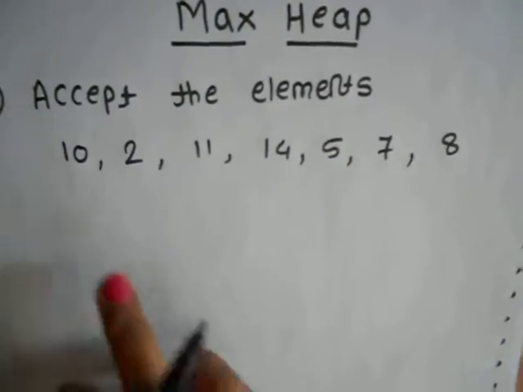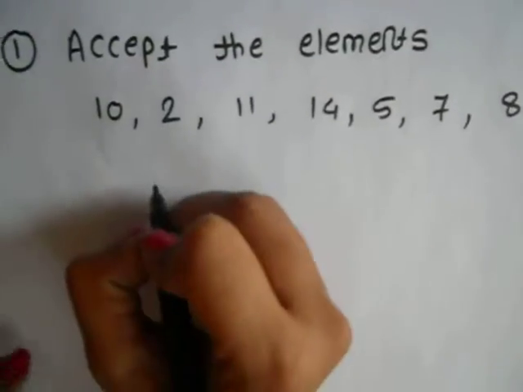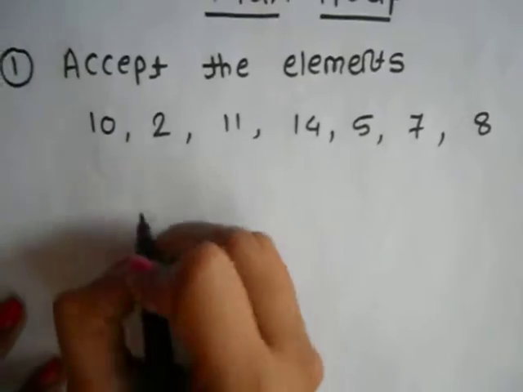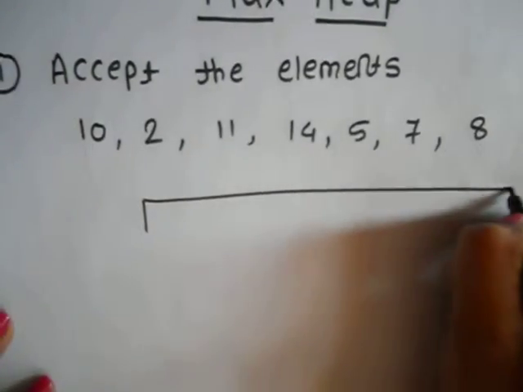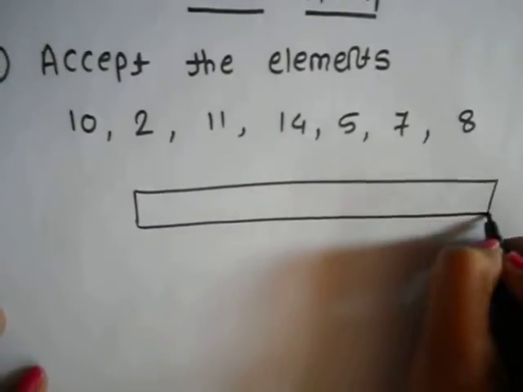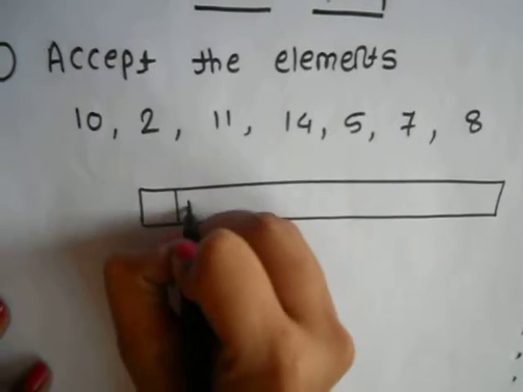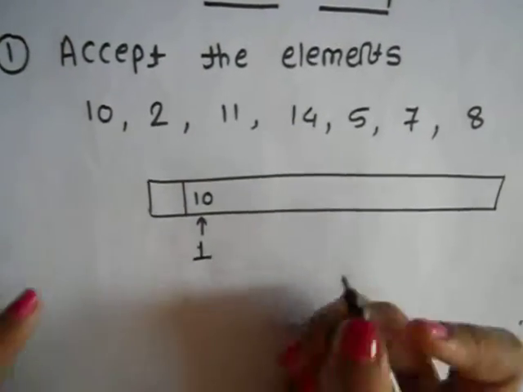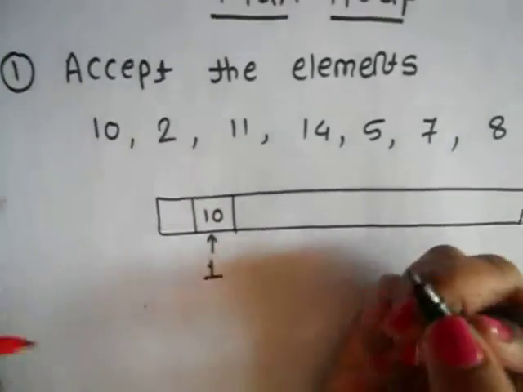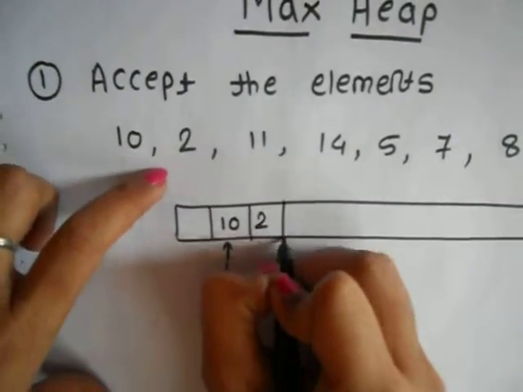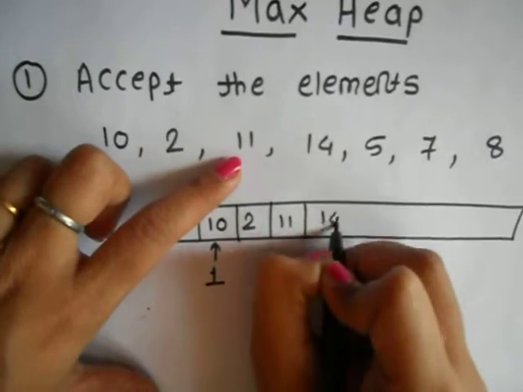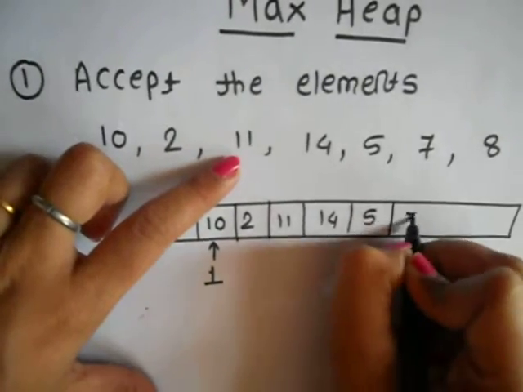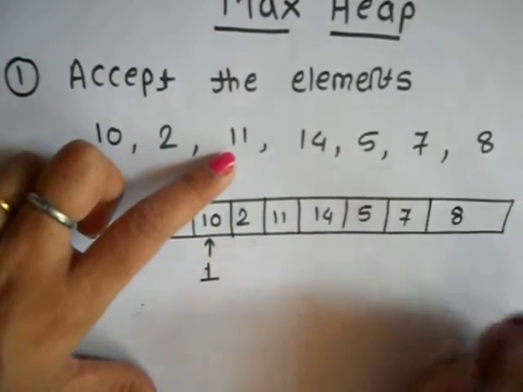Now we will accept these and store them into the array. So how will it be stored? 10 is the root, so it will be present at the first position, then 2, 11, 14, 5, 7 and 8.